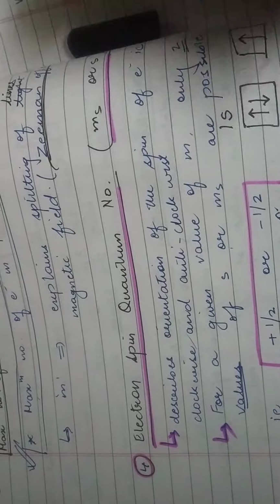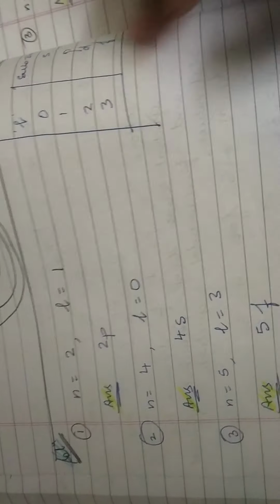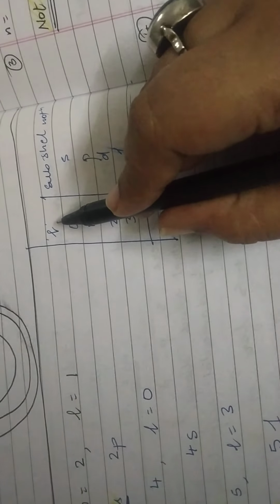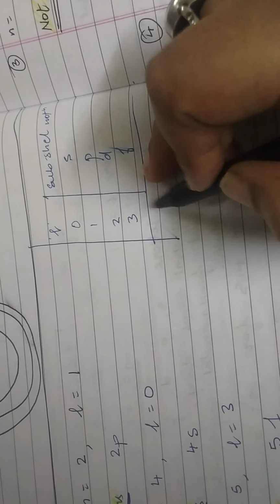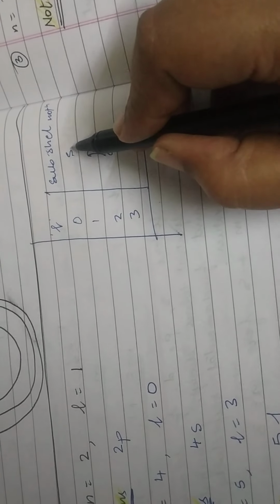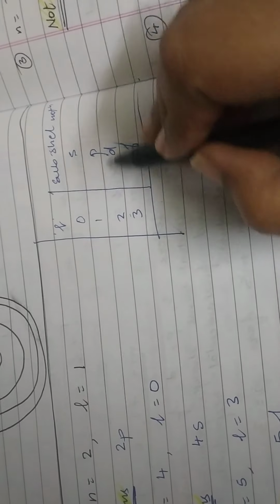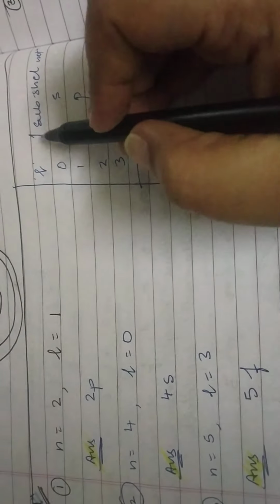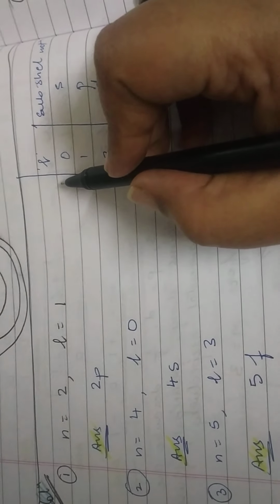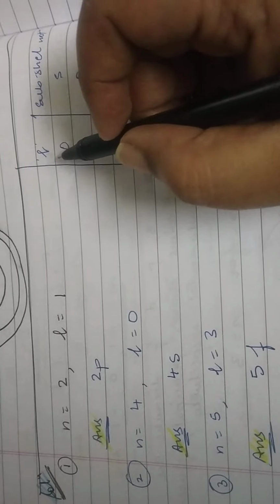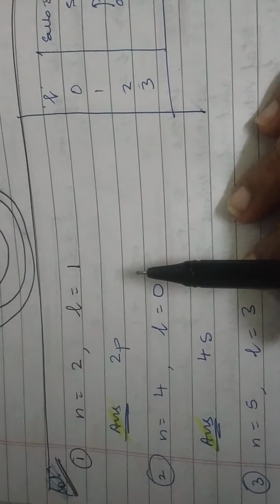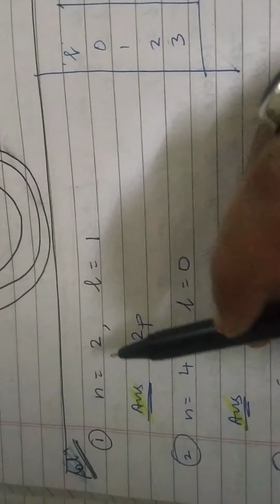You must remember, please see, that for a given value of L, that is L 0, 1, 2, 3, the subshell notation is 0 it is S, 1 P, 2 D, 3 and F. Alright, so this will come in handy for these kinds of questions where you have to describe the quantum numbers using the SPDF notation.